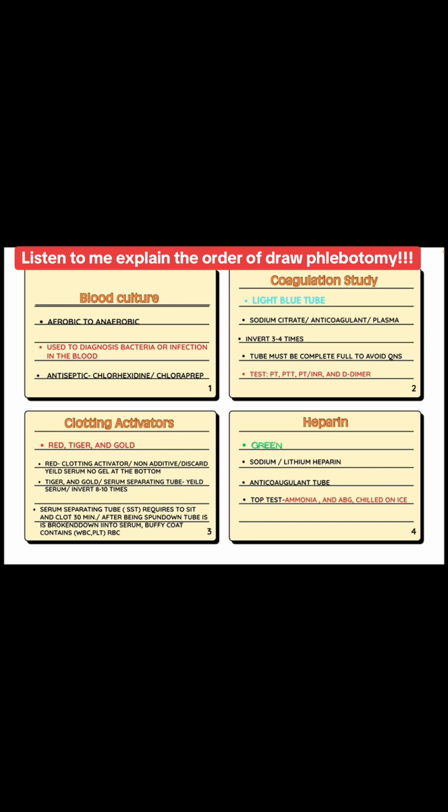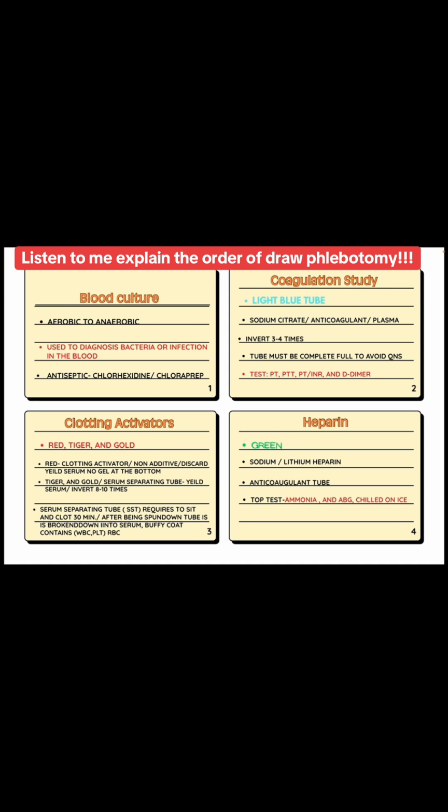Your red top has no additives. It's considered to be a non-additive tube and a discard tube. Well, I like to call it my boo-boo tube. If I make a mistake, I'm able to clear the line using my red top and then continue with the correct order of draw, and discard it, throw it out.